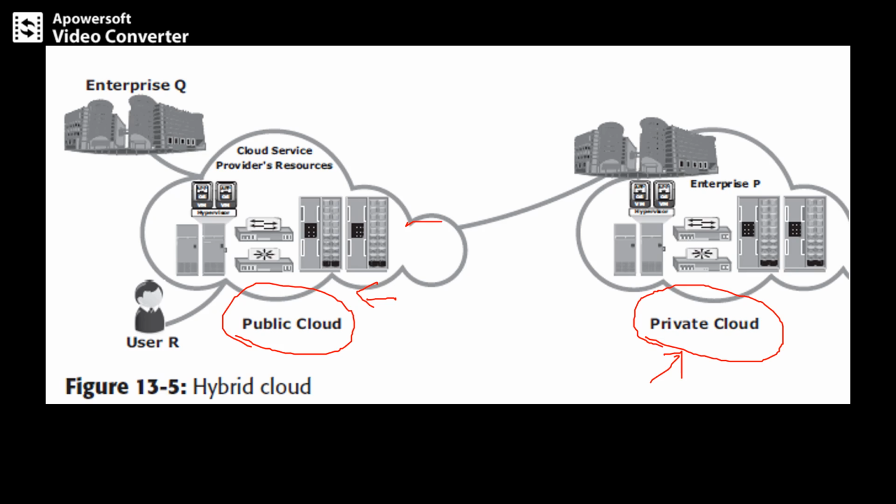The next is the community model, where the cloud infrastructure is provisioned for exclusive use by a specific community, but within the community there will be a number of consumers or users. And the last one is hybrid cloud, a composition of two or more distinct cloud infrastructures like private, community and public.